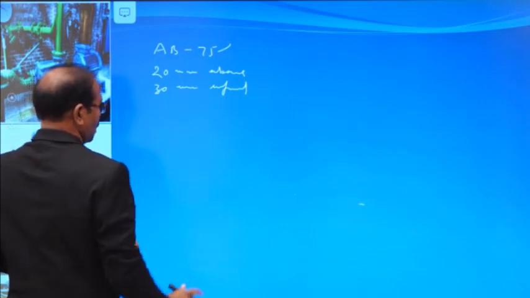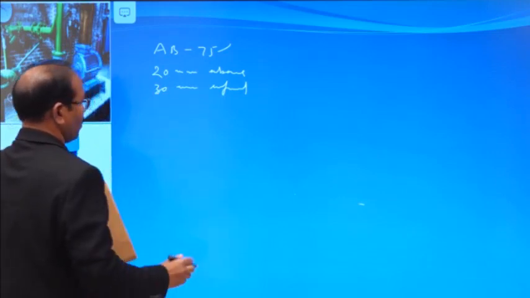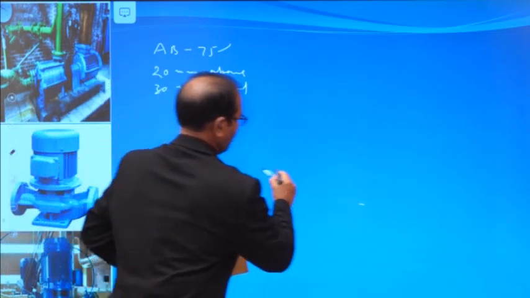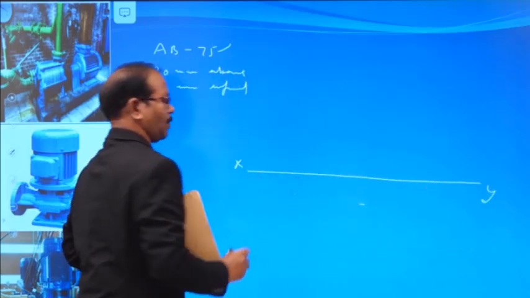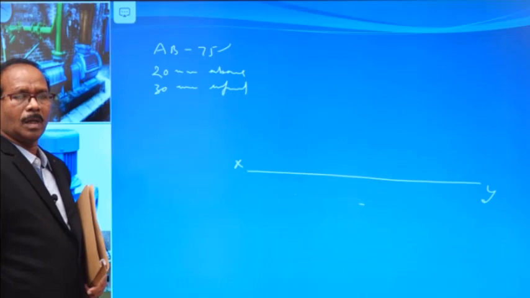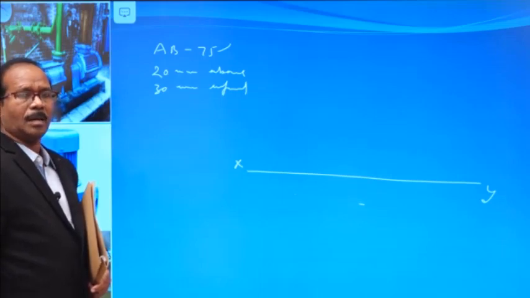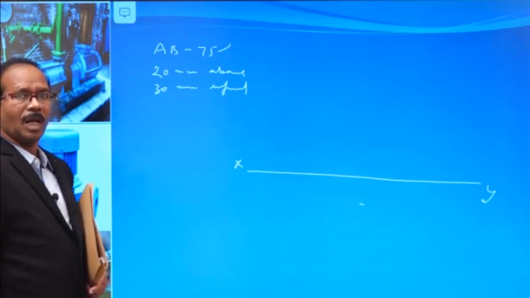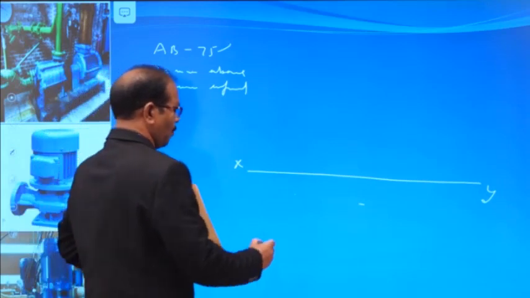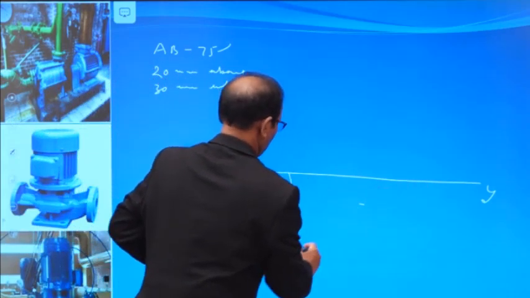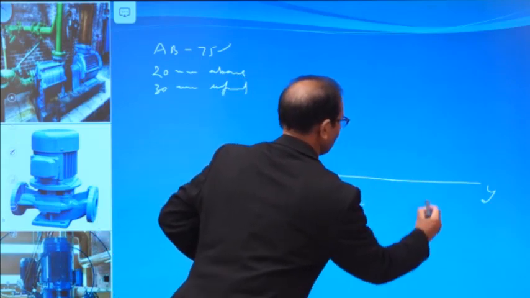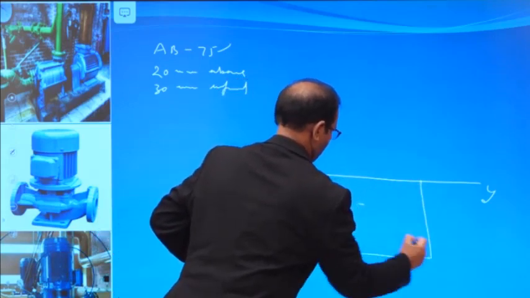So for example, draw the XY line. The line is on HP, 40 mm in front of VP. The length of the line is 75, and the distance is 40 mm.